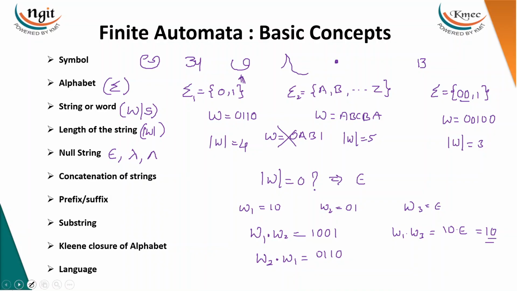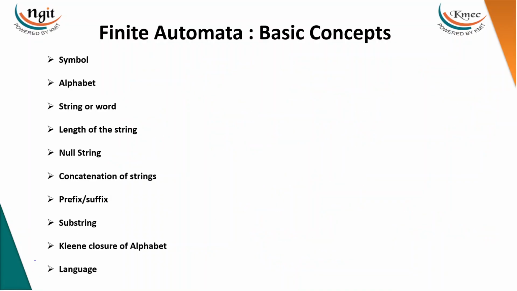Now prefix or suffix of a string. For example, if my string is MAKE, the prefixes are the strings derived from the left-hand side, but don't skip the symbols in the middle.